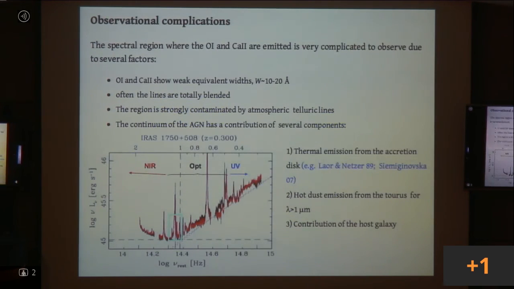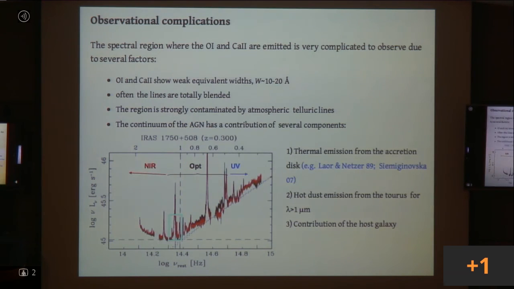Now the observational complications are large because it's in the infrared, because the equivalent width is very low, so you need large telescopes in order to have decent data, because very often these lines, the calcium triplet, are totally blended.